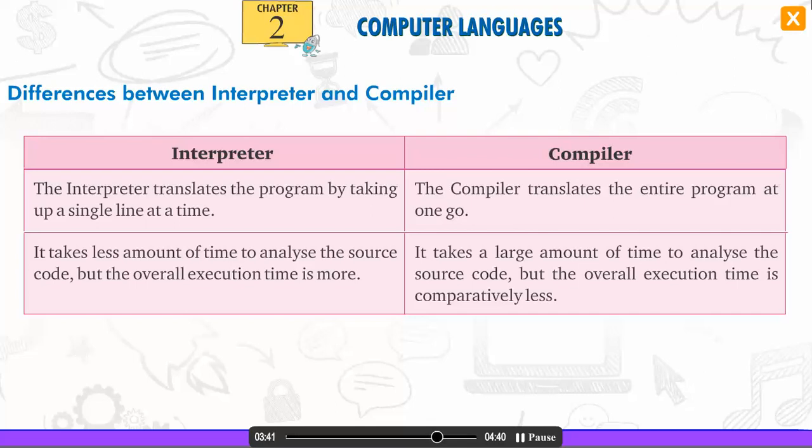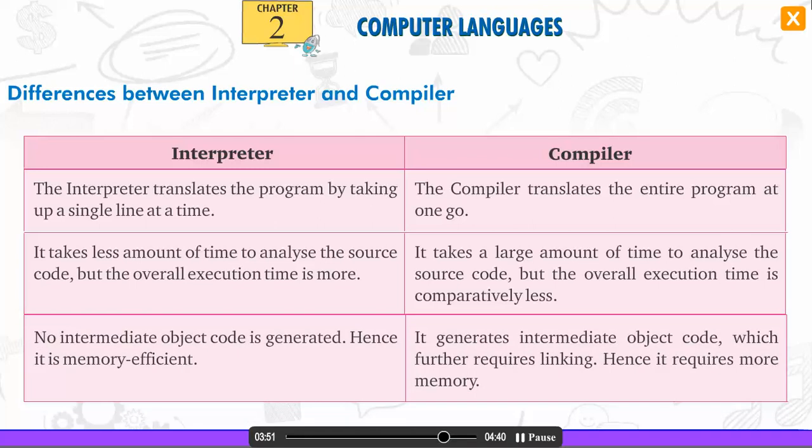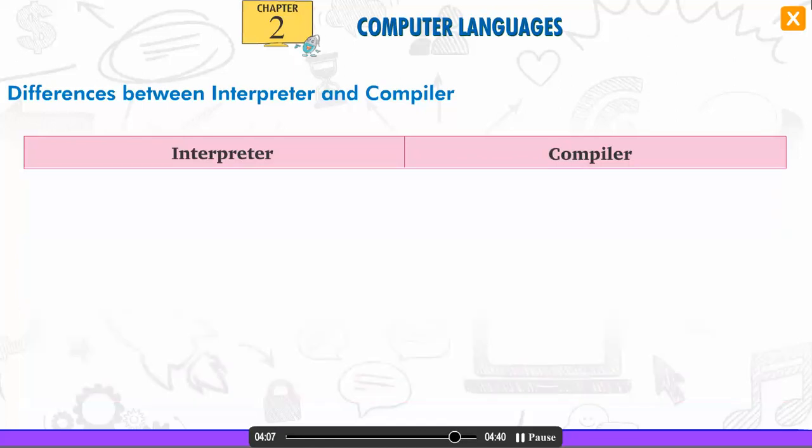The compiler takes a large amount of time to analyze the source code, but the overall execution time is comparatively less. For the interpreter, no intermediate object code is generated, hence it is memory efficient. The compiler generates intermediate object code which further requires linking, hence it requires more memory.